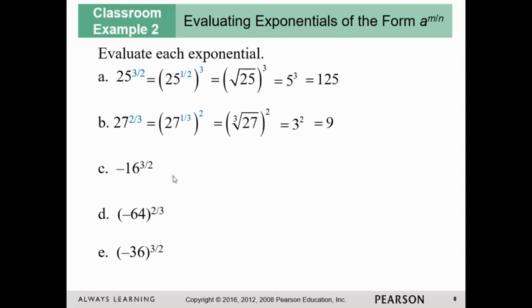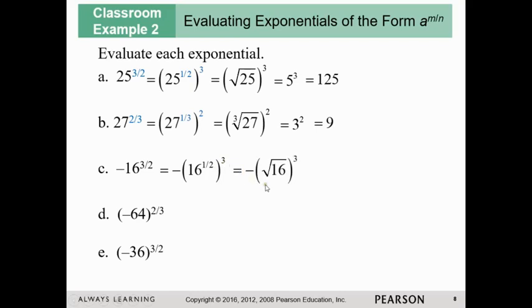Now something interesting is going to happen with 16. First off, you might say, I've got an even root here of a negative number. Remember, we do the exponent first. So first we take 16 to the half, and we take that to the third.